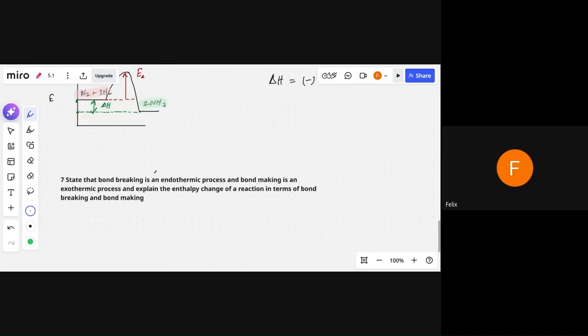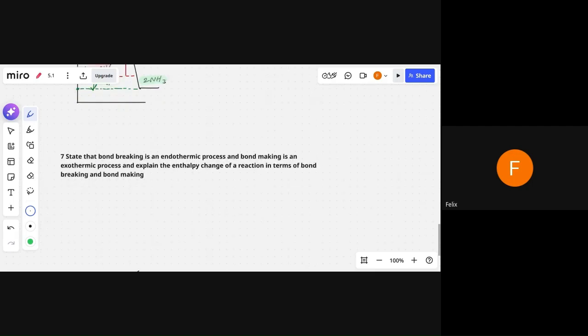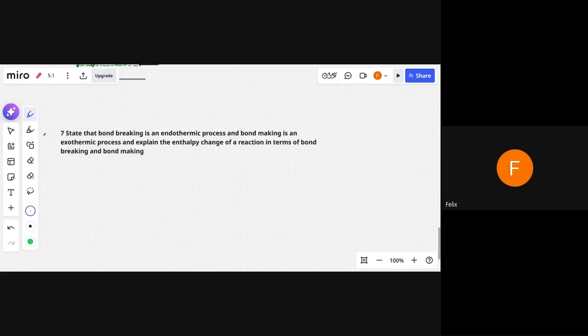Now, topic number 7: state that bond breaking is an endothermic process and bond making is an exothermic process, and explain the enthalpy change of a reaction in terms of bond breaking and bond making. All right. So you need to understand that whenever bonds are formed, energy is released, right?